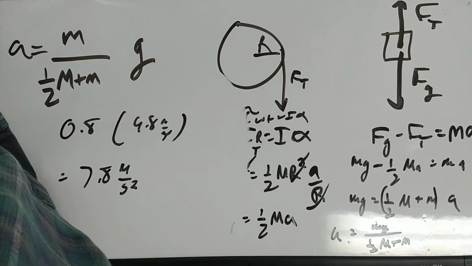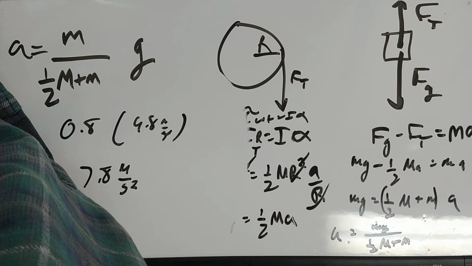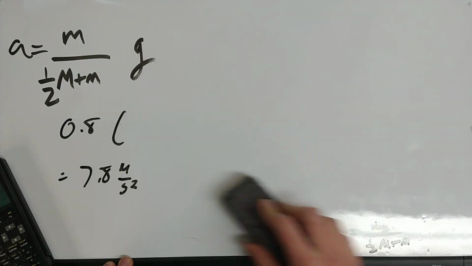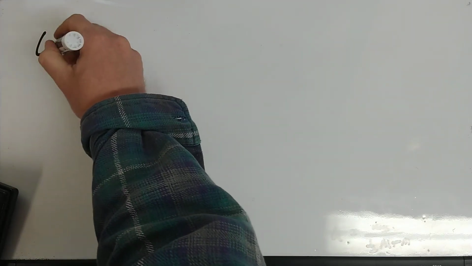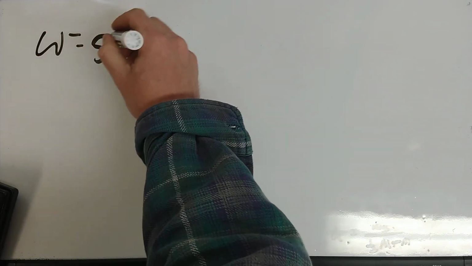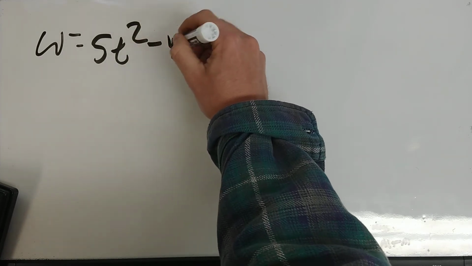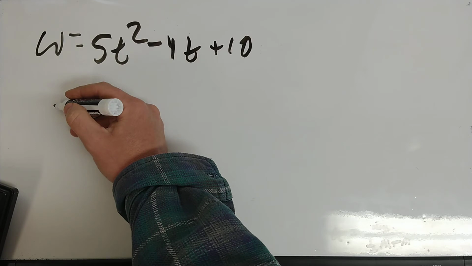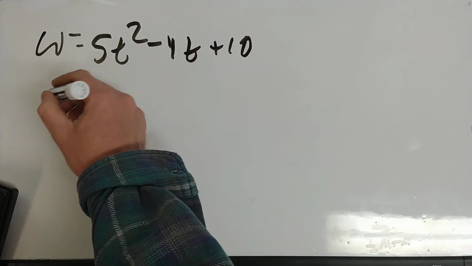All right. Next one uses the same function. I basically ask you to take the integral and then ask you to take the derivative of it. So a turntable rotates with an angular velocity of omega equals 5t squared minus 4t plus 10. The angular displacement of the system from t equals 0 to t equals 2.